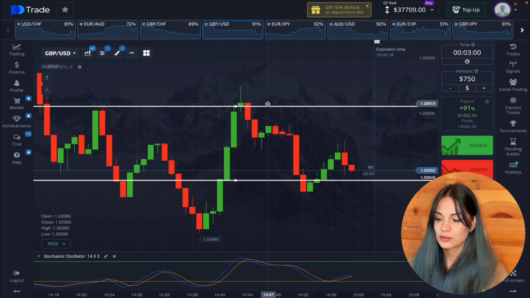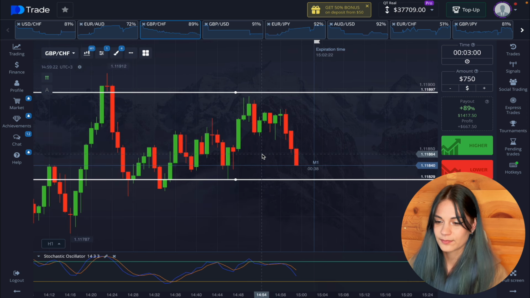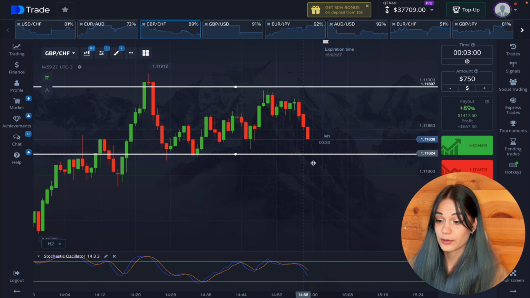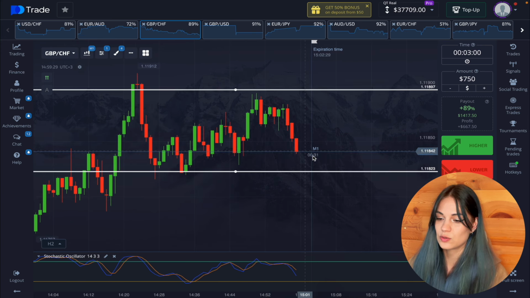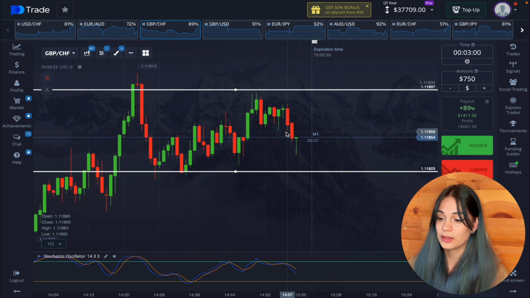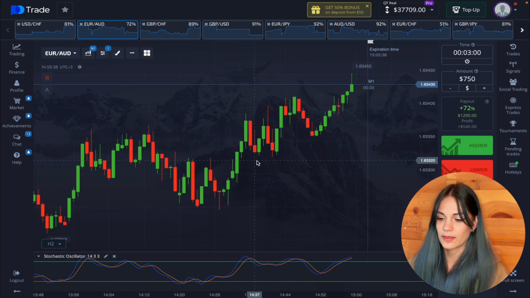So let's do one more deal and see what's going to happen. So right here we can also see that the price is slowly creeping to the support line, and maybe we will be able to open the deal here. But let's try to find something else while we wait for that.